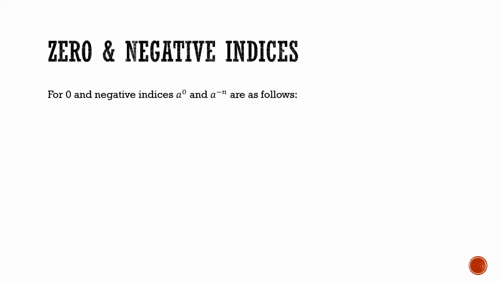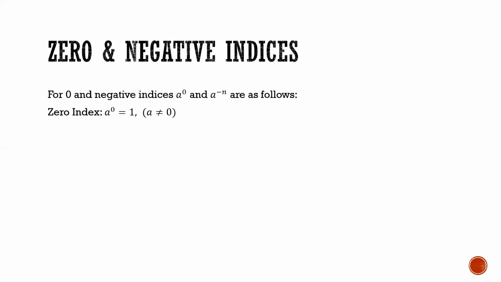For zero and negative indices, we write a to the power 0, and for negative indices a to the power minus n, where n is a natural number. They are as follows. Zero index: a to the power 0 is equal to 1. This is the formula, and here we have a condition, a is not equal to 0.